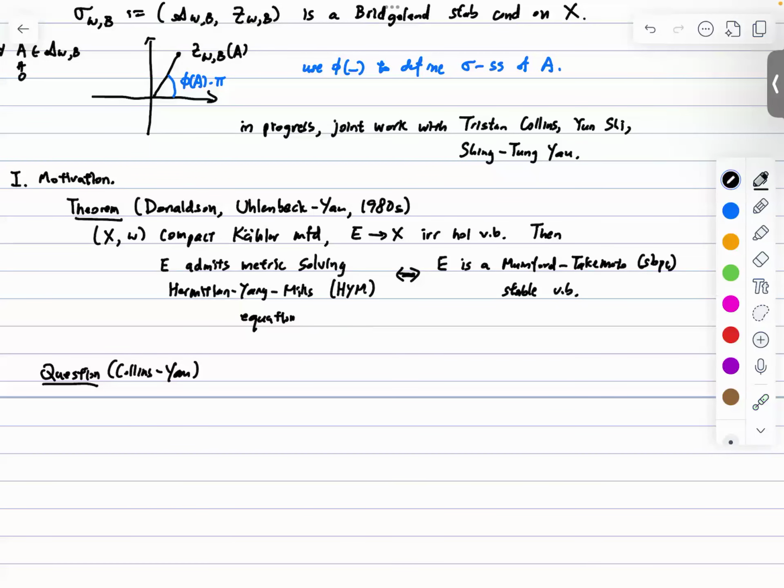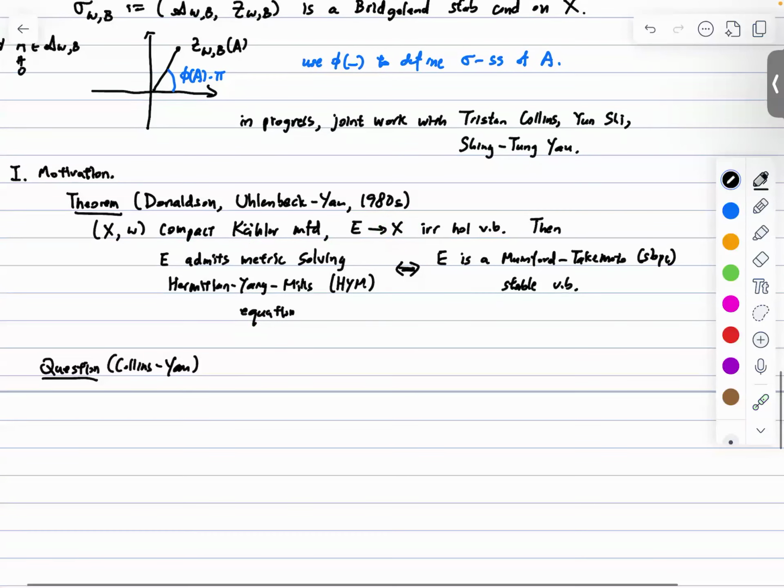So on the equation side, if we still take a vector bundle on a compact Kähler manifold, but for us, we can just think of X as a smooth projective variety. So if you take a smooth projective variety, on the equation side, you can ask whether a vector bundle E on X admits a solution to the deformed Hermitian Yang-Mills equation.